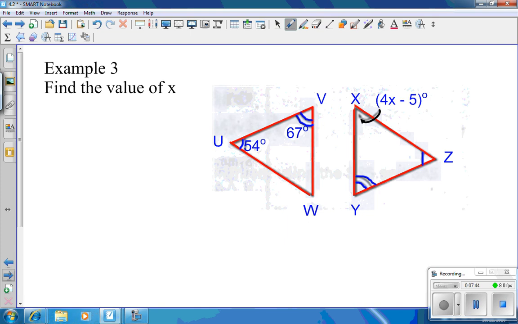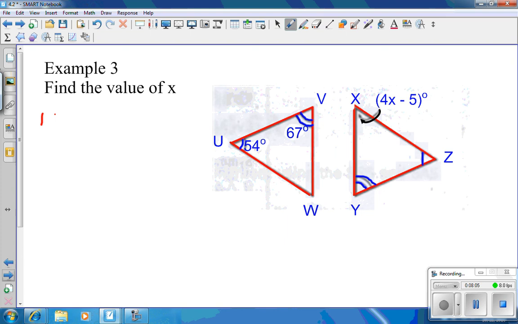All right, again, this picture, there's not a marking on W, okay? But we know, because this is 1 mark and Z is 1 mark, and 67 is 2 marks, and Y is 2 marks, all right? I know that all three angles add up to be 180, right?